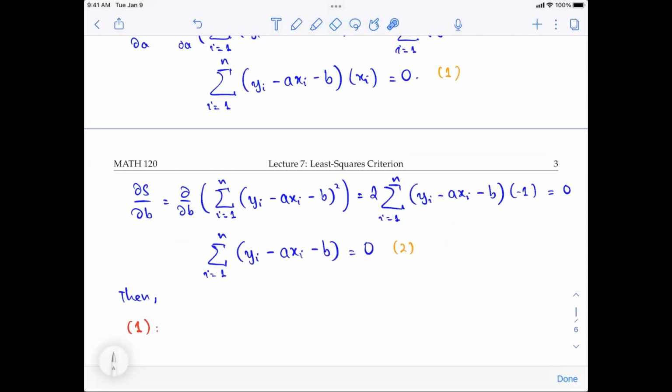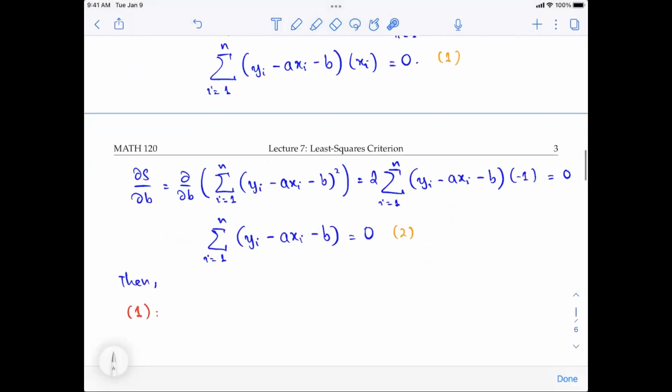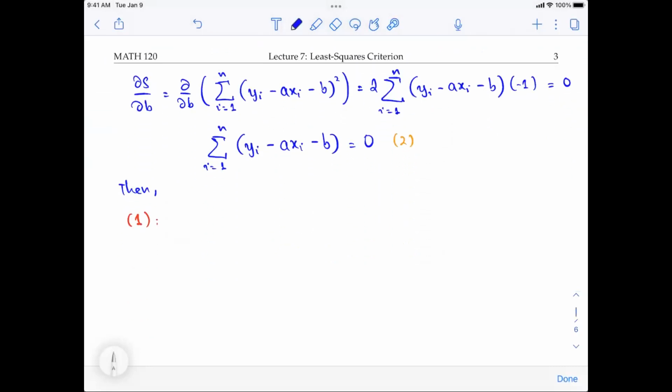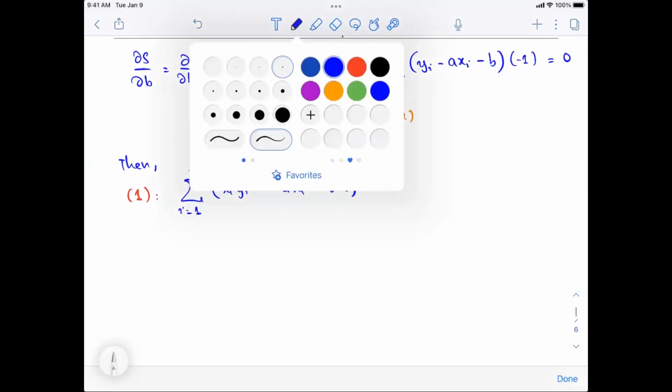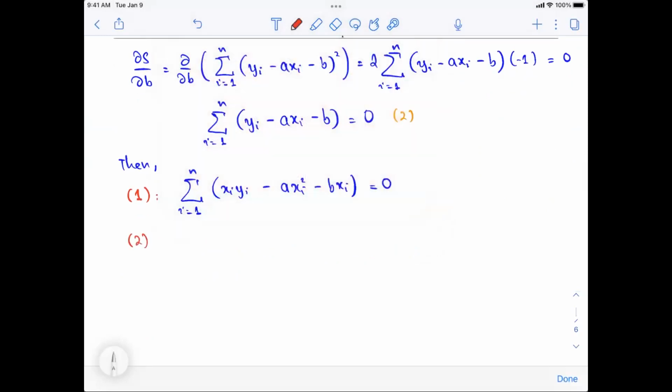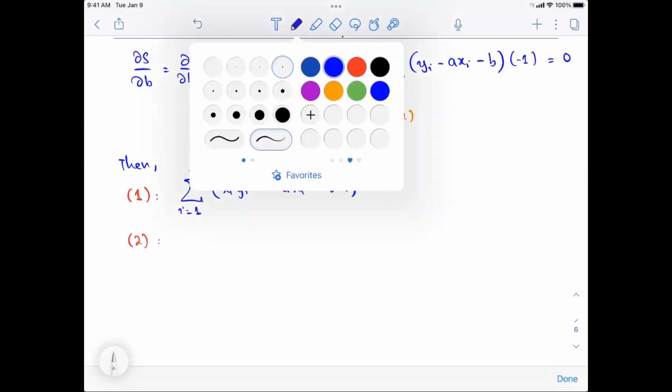And then you take the sum. Right? So from the first equation, you get the sum of x sub i times y sub i minus a times x sub i squared minus b times x sub i equal to 0. And from the second equation, right, there's nothing for us to distribute, so I'm going to keep it the same thing.